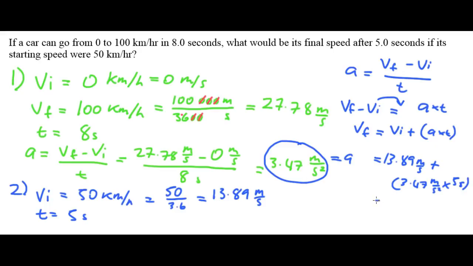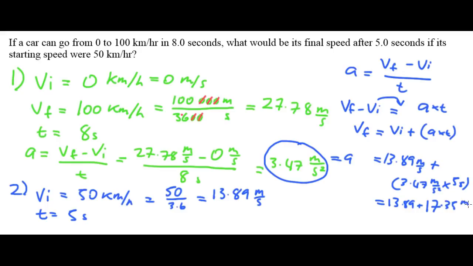So it should be 13.89 plus, let's have a look, 27.78 divided by 8, which is 3.47, so 3.47 times 5 seconds should be 17.35 meters per second.